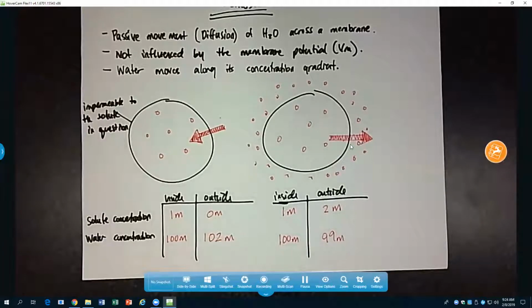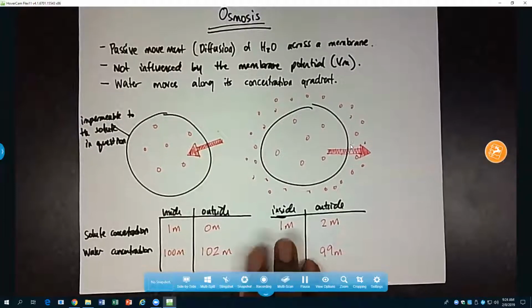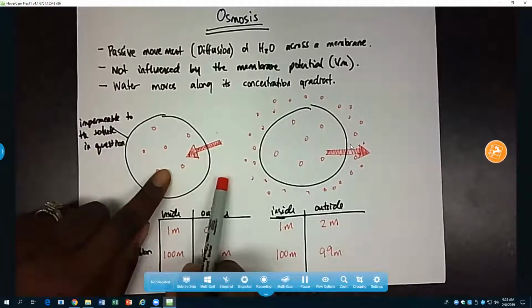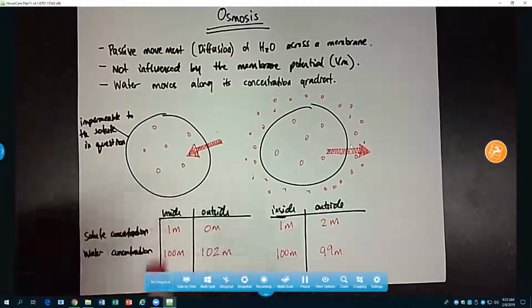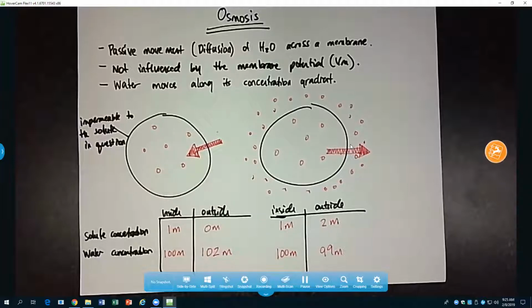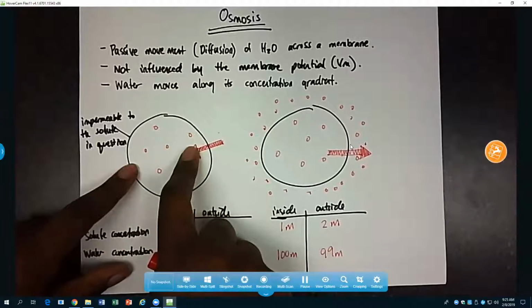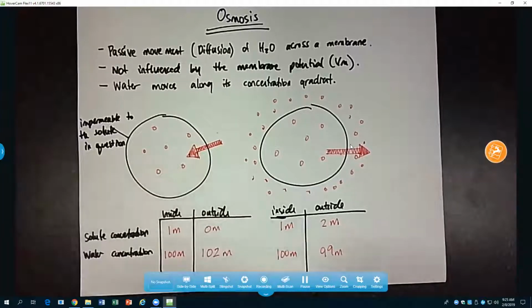Okay, and this is how osmosis occurs. It's the movement of water where solutes cannot move. So essentially, it's the free movement of water according to its concentration gradient. In this first scenario, because the solute was more concentrated inside the cell, automatically water is less concentrated inside the cell.